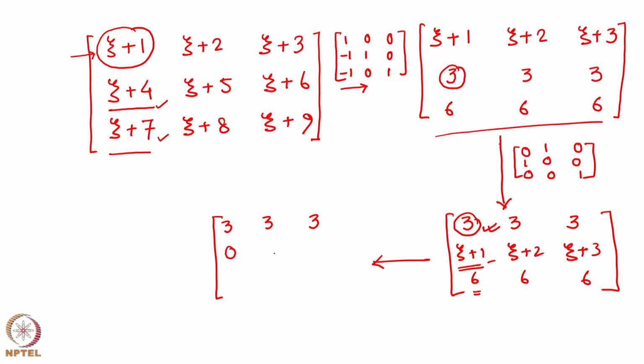This will become xi plus 2 minus xi plus 1 divided by 3 multiplied to 3, that is just xi plus 1. So this is xi plus 2 minus xi plus 1, and the result is just 1. The result here will be 2.